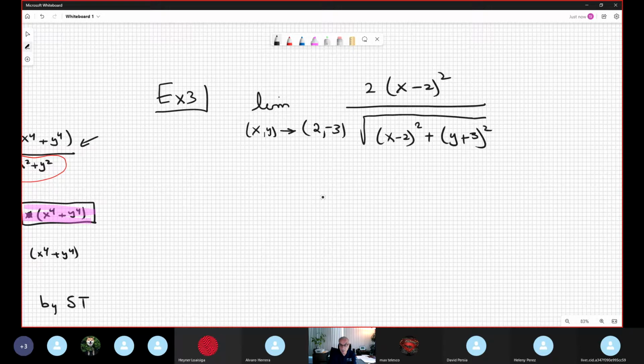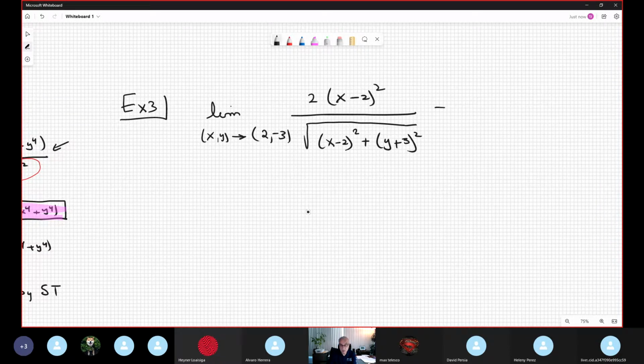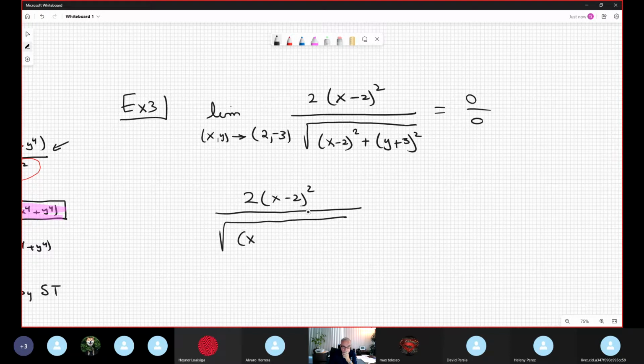Remember, the first thing you should do in any limit problem is plugging in. It's obvious that the answer is 0 over 0. Okay, it's indeterminate. That means we need to do something, no? So, simplification. Now I propose one idea. I take this expression, 2 times (x minus 2) squared divided by the square root of (x minus 2) squared plus (y plus 3) squared.